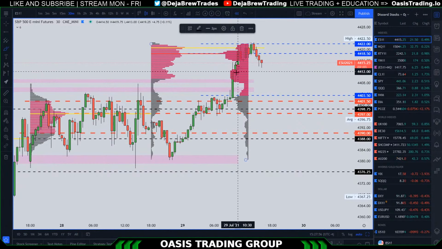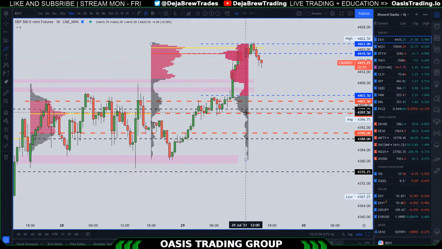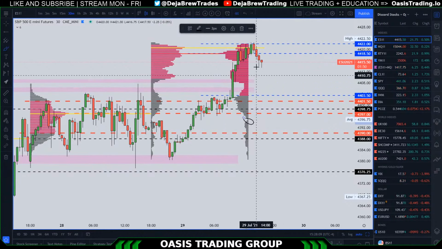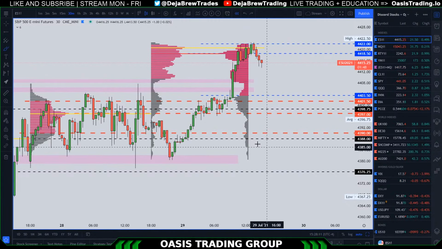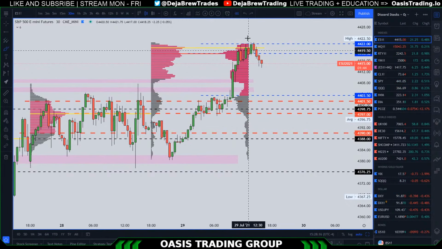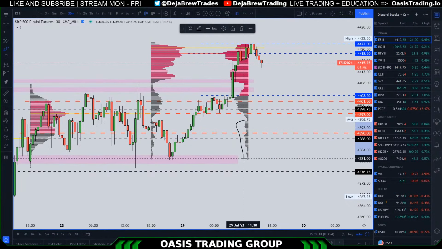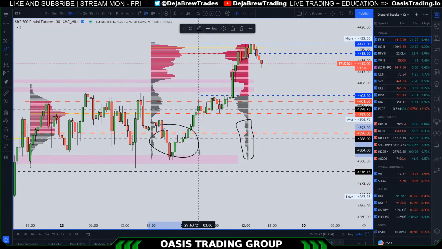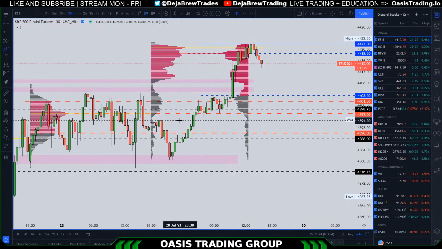We have a little gap there, also not very prominent. But then we do have a big support node here. I'm not going to mark that out because there's a lot of levels there already. So we already know that is support. We do have a little gap right there that we could mark out. But just for the sake of the chart, I'm just not going to do that. So those are all of our key levels, right? And then we have a long tail here. So not a whole lot of value being found towards the low of the day. All right, so that's how you read the current profile.